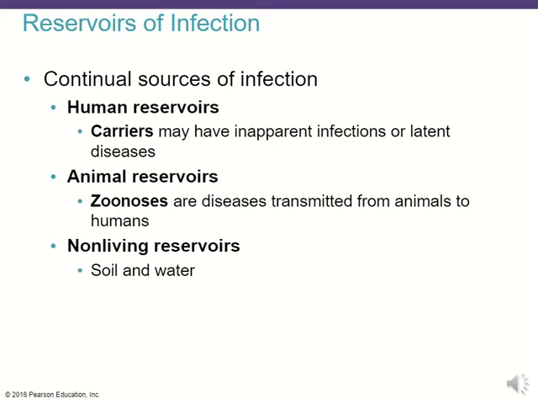There are animal reservoirs. Zoonoses are diseases transmitted from animals to humans. And then there are non-living reservoirs, such as pathogens that may be present in soil and water, and when ingested or entering the body, can begin to infect.